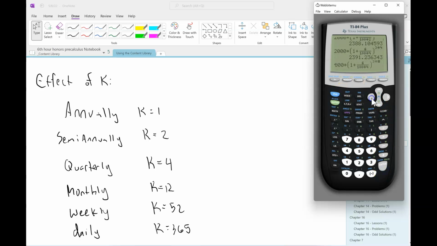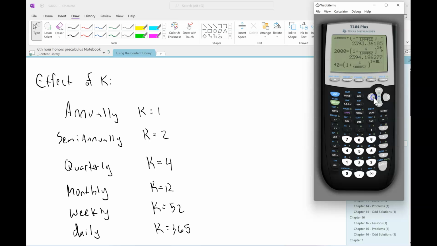Let's go to 12. So that's 3 times more now. What do you think? What do we got? We picked up about $2. Let's go to weekly. That's 52. Yeah, about 80 cents there.